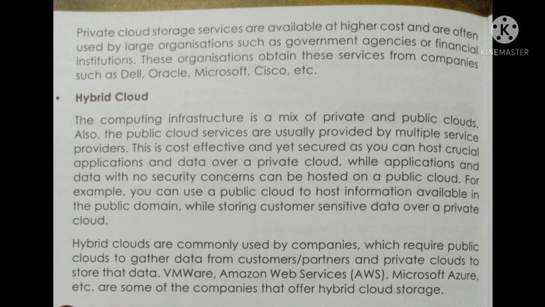This is cost effective and yet secure as you can host crucial applications and data over a private cloud, while applications and data with no security concern can be hosted on a public cloud.